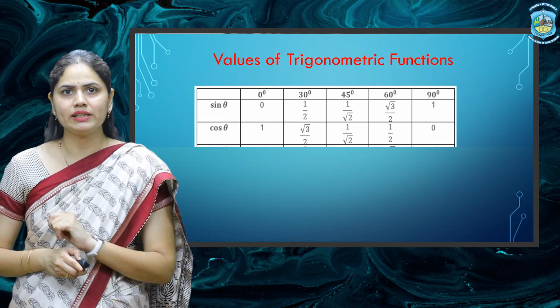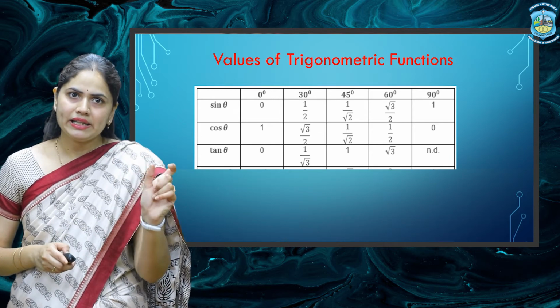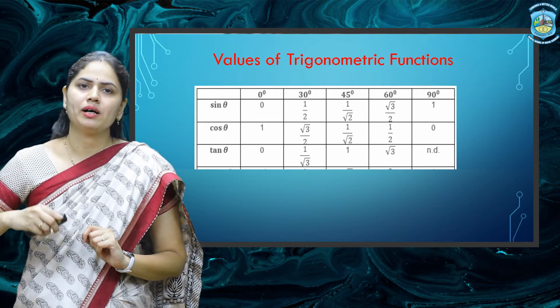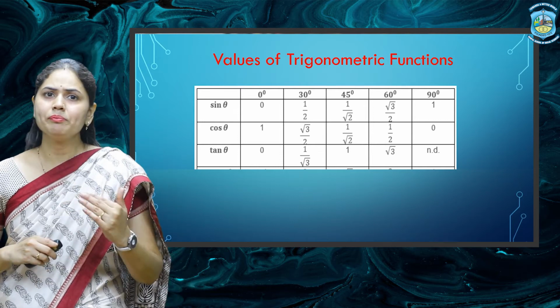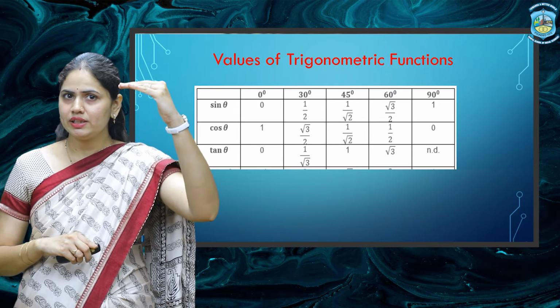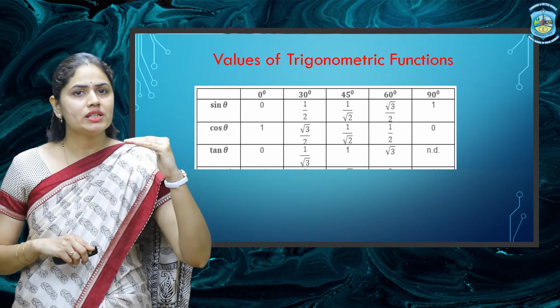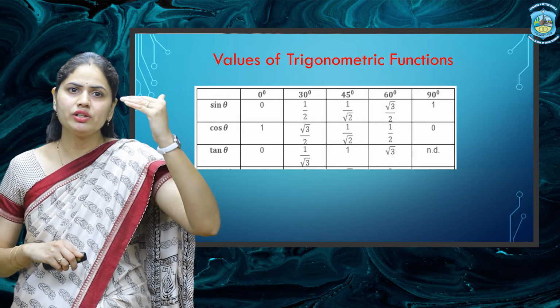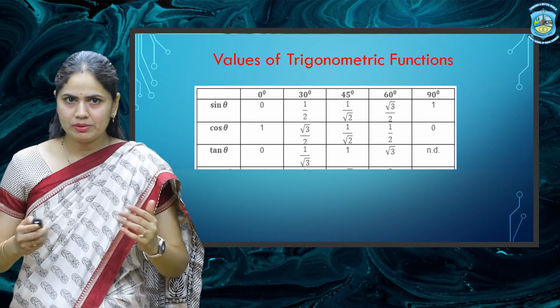Now, for tan theta, you know that tan theta is equal to sin theta upon cos theta. So, simply you will divide these two terms. Sin 0 degree is 0 and cos 0 degree is 1, so 0 divided by 1 will be 0.